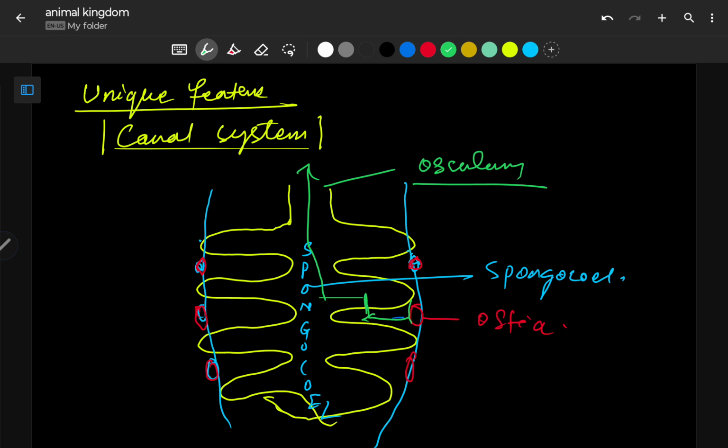So only one osculum is present but many ostia are present. So what is the path of water? The whole system is known as canal system.